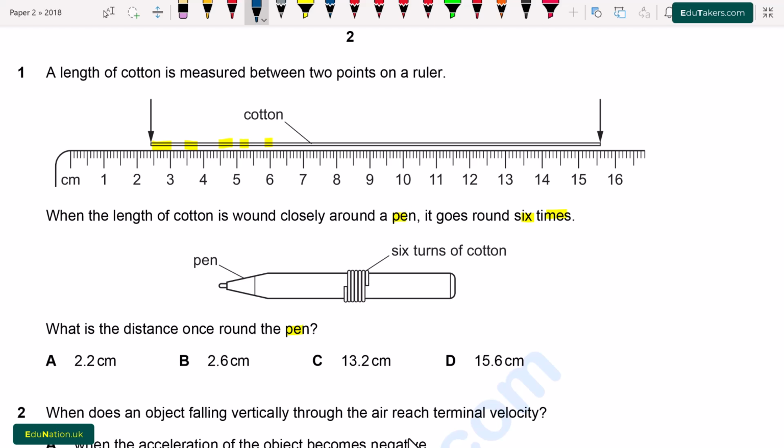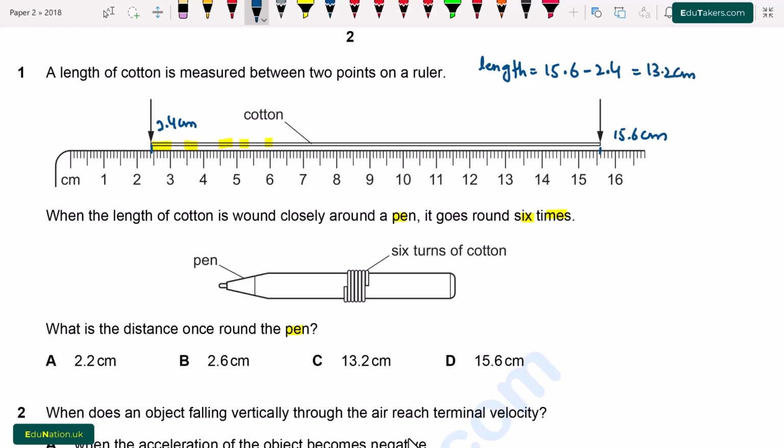At the start, this coincides with 2.4 centimeter, while at the end, here is 15.6 centimeter. So the total length of this cotton will be 15.6 minus 2.4, which is equal to 13.2 centimeter.